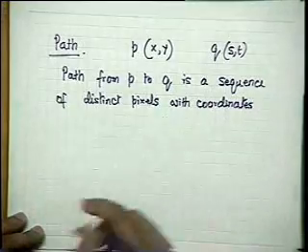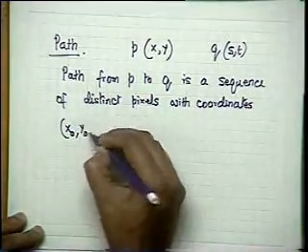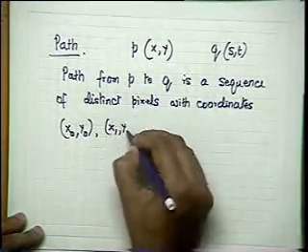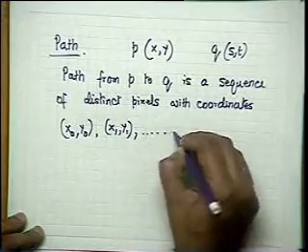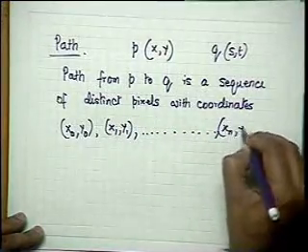I am writing the sequence now: x0, y0, x1, y1, etc. up to xn, yn.